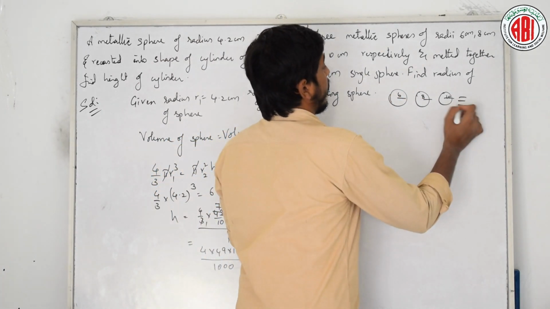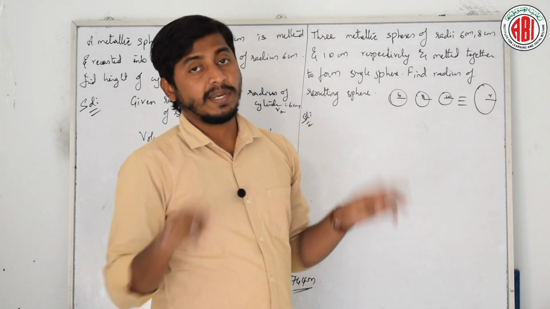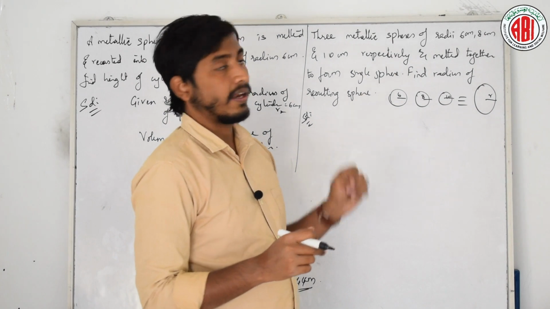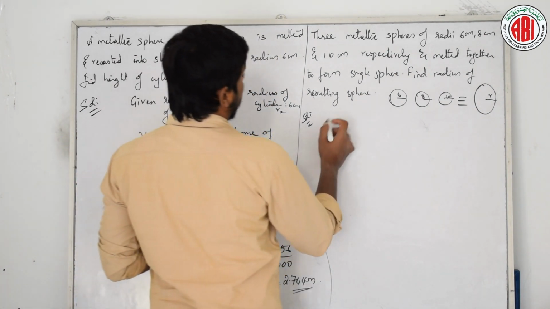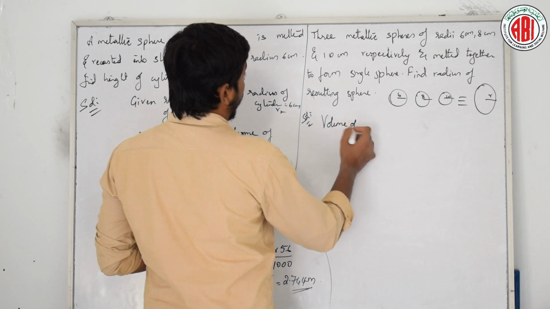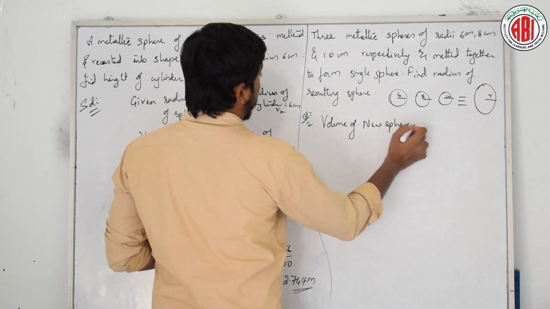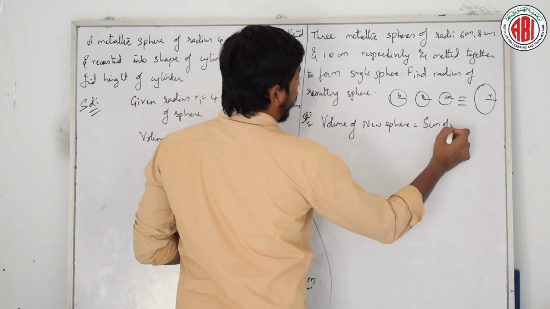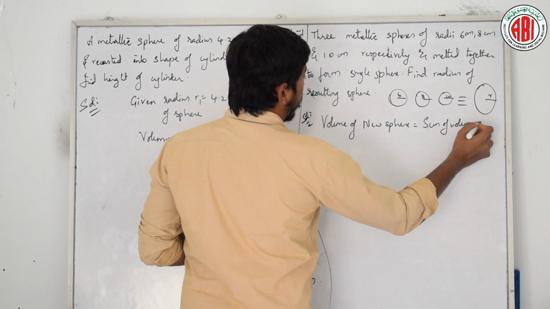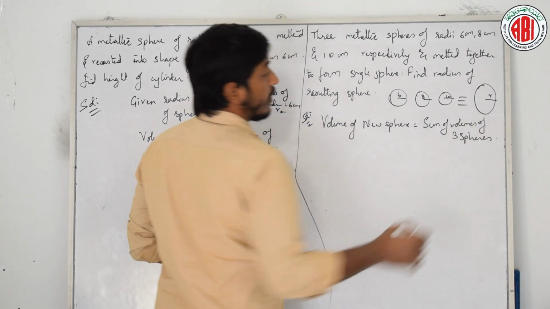What do we do? We have to write volume of new sphere is equal to sum of volumes of 3 spheres.